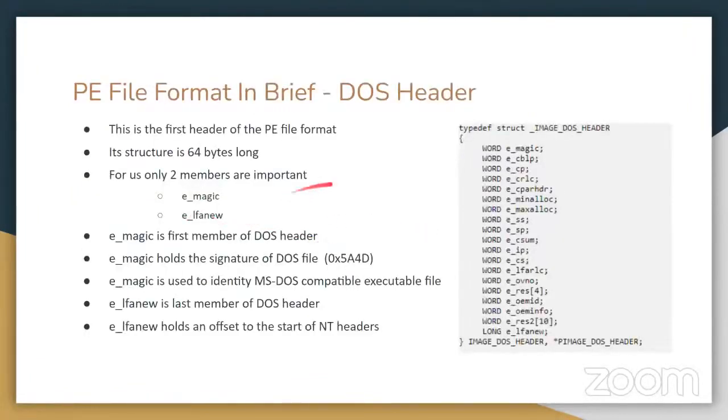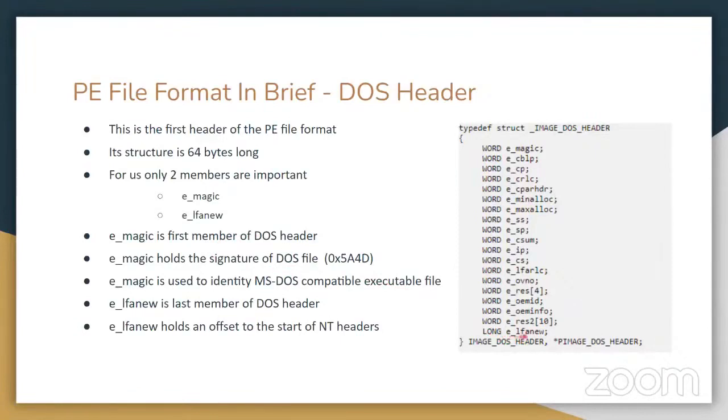The DOS header is the first header of the PE file format, and it is a 64-byte long structure. There are lots of members here, but we are only interested in e_magic and e_lfanew. The e_magic is the first member, and it holds the signature of the DOS file, which is MZ. We all know that it's MZ.